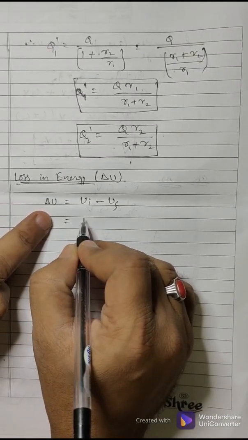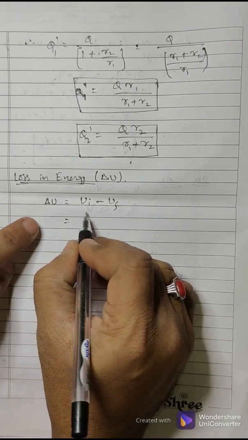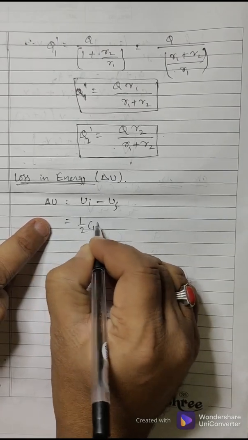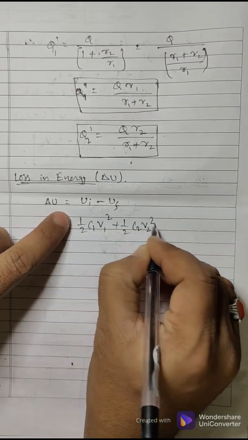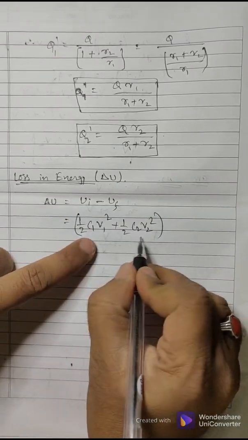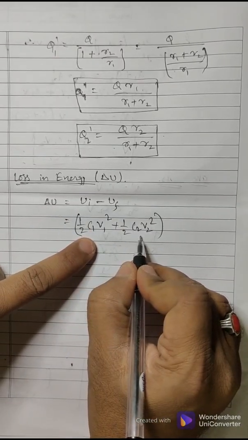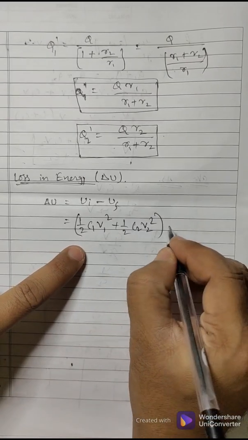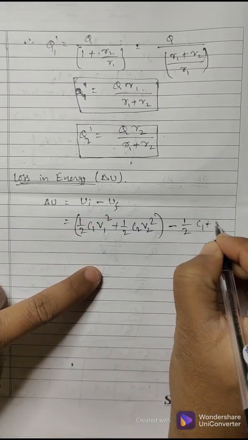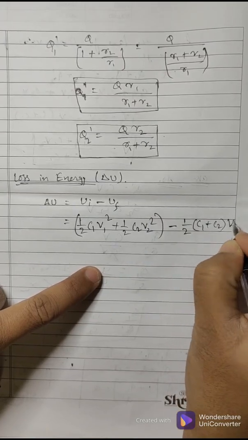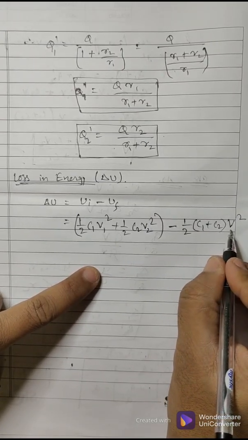Initial energy is half C1 V1 square plus half C2 V2 square. So this is the initial energy of the two spheres. Thereafter the final energy is half C1 plus C2 into V square, where V is called the common potential.